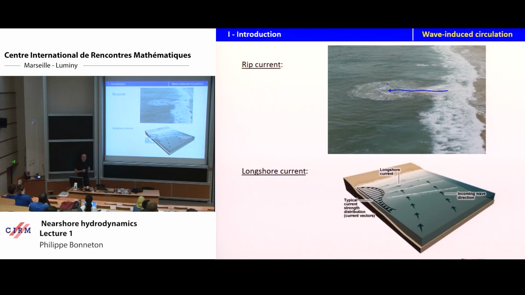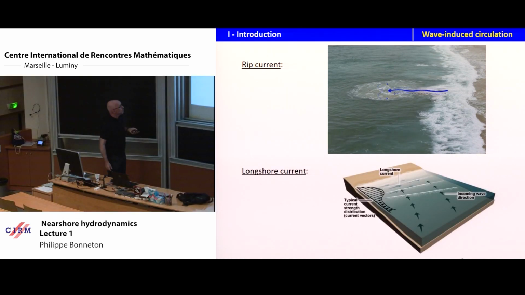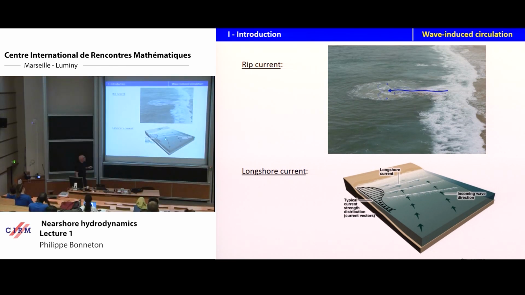Another very important current is the longshore current, which is generated when waves are propagating obliquely to the beach. And if the waves are breaking, there is a transfer of momentum flux from the waves, through the breaking, to a longshore current.